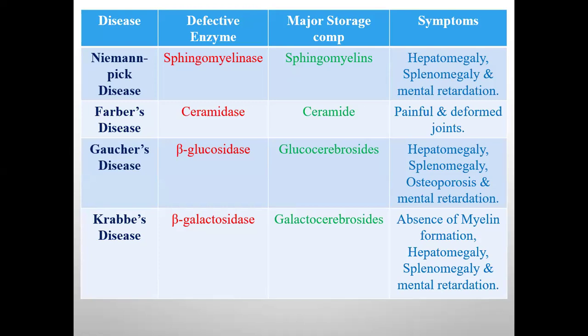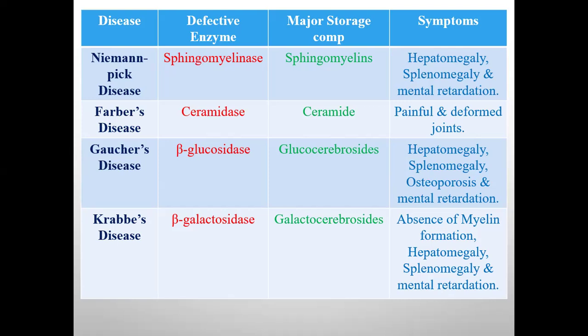So Niemann-Pick disease, the defective enzyme is sphingomyelinase, okay. Now you have accumulated products as sphingomyelins, and symptoms: hepatomegaly, splenomegaly, and mental retardation.